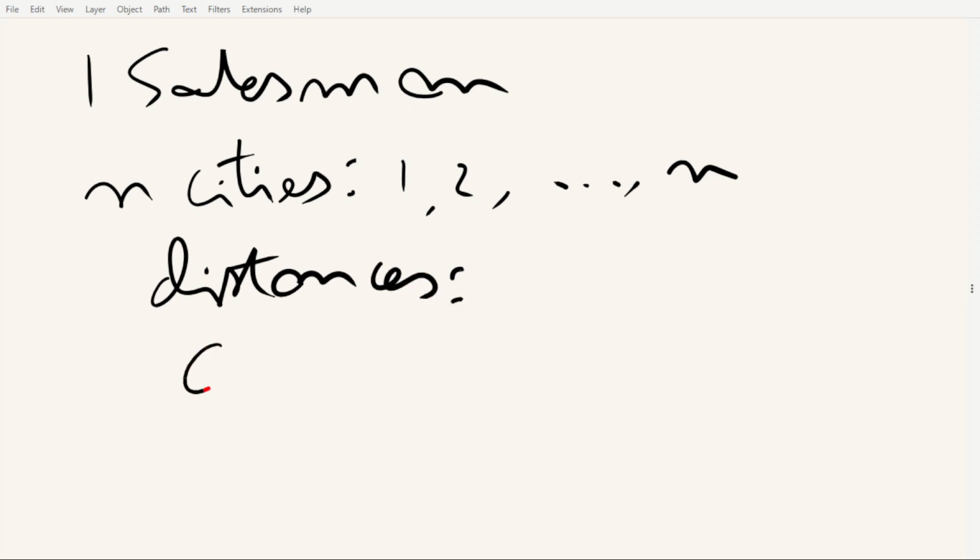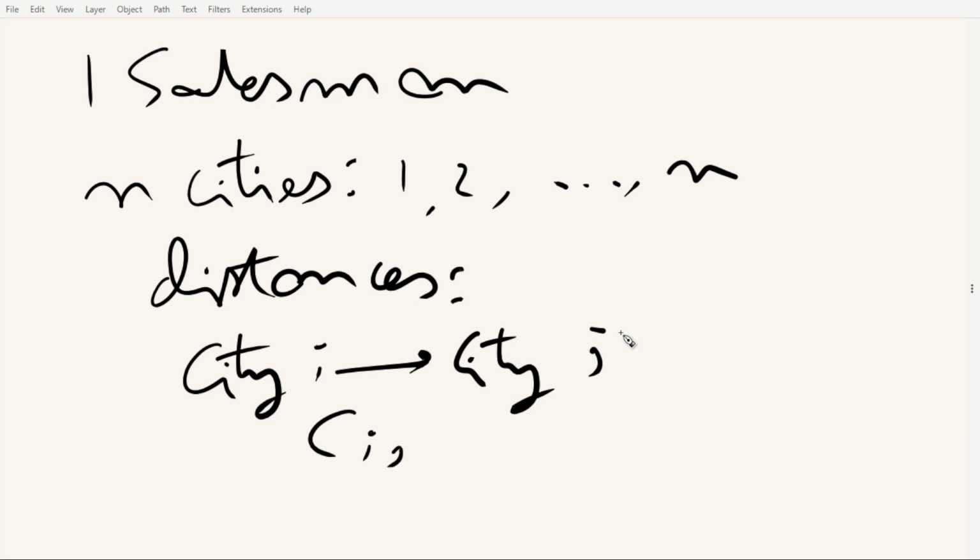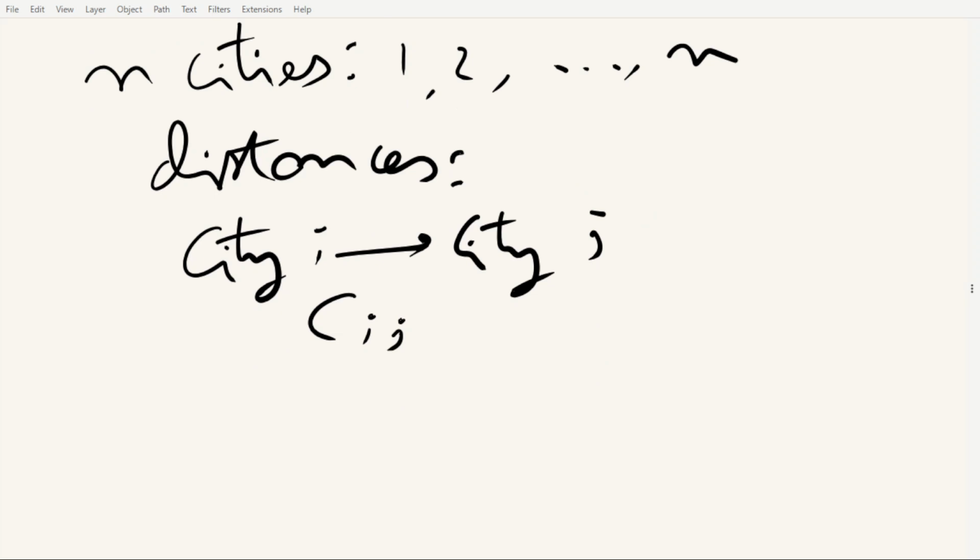From city i to city j we have a distance, which we call Cij, and between any pair we have a distance. So we consider all possible pairs of the cities and represent this as a complete graph of n vertices, Kn. So Kn is a complete graph of n vertices and this is a weighted graph.